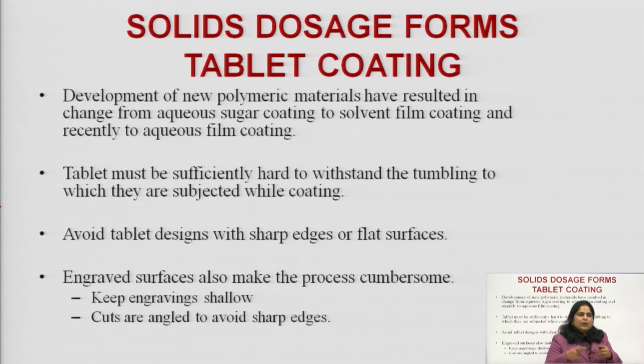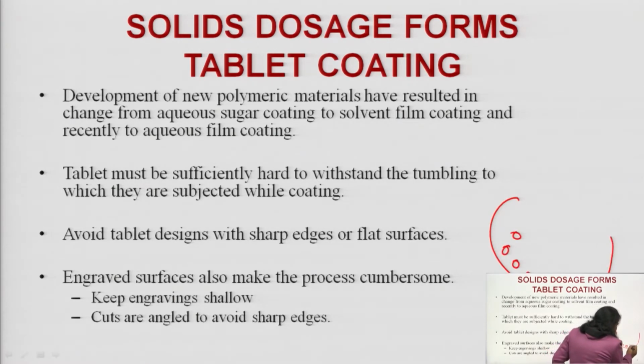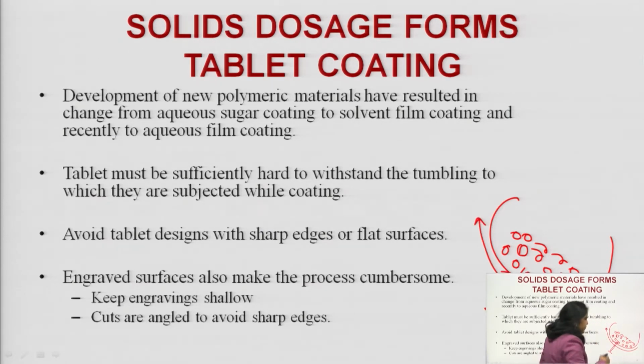Now, in the coating pan the tablets have to tumble. This is a coating pan, and it is filled with tablets. This coating pan rotates at its axis and is mounted on a shaft. When it rotates, the tablets move upward and then tumble down.